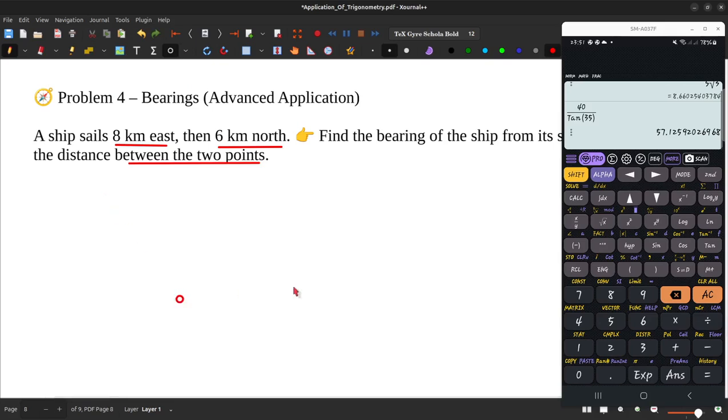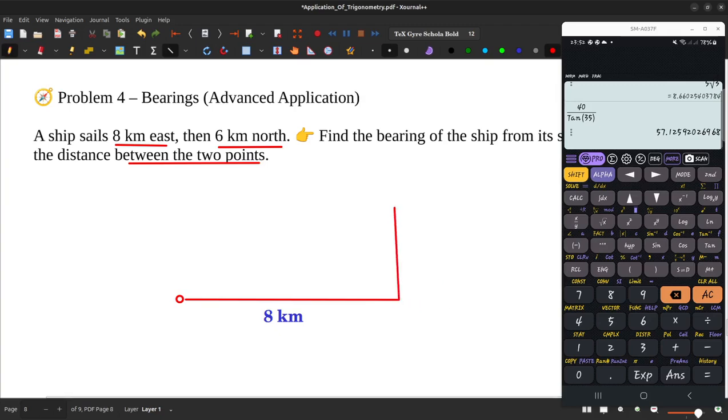There's our ship. It moves 8 kilometers east from where it started. Then after that, it moves 6 kilometers to the north.